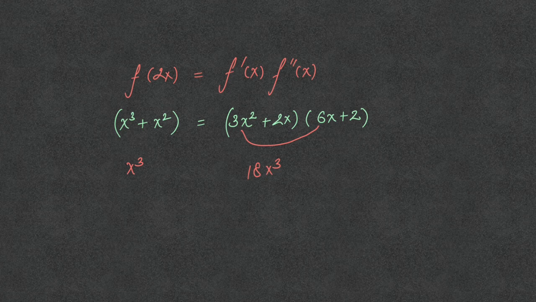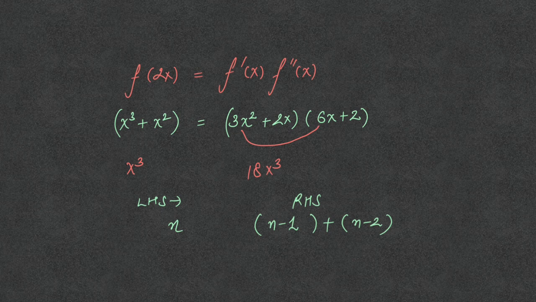Using the same example, we can say if the highest degree on the left hand side is n for a polynomial of nth degree, then in the first bracket the highest degree will be n minus 1, and in the second bracket the highest degree will be n minus 2, and on adding we get the highest degree on the right hand side.